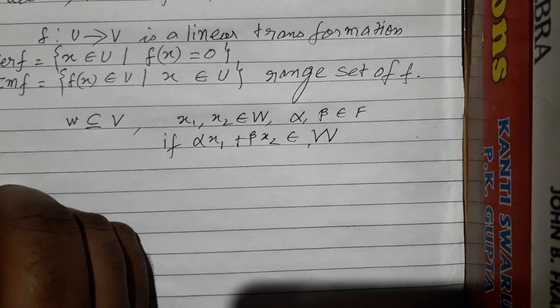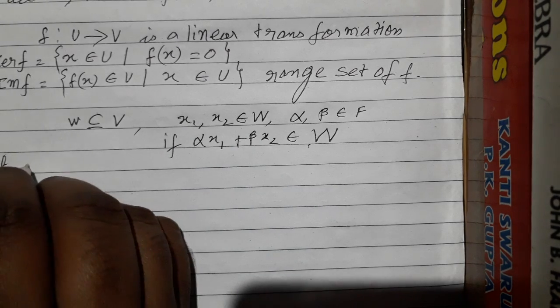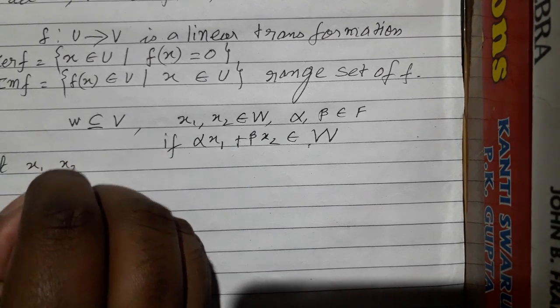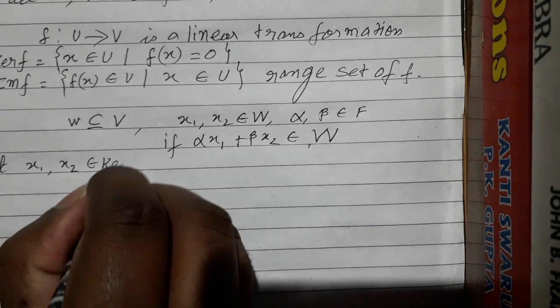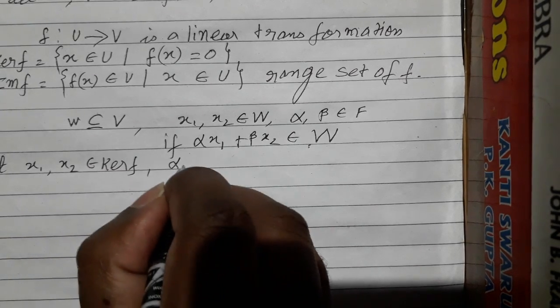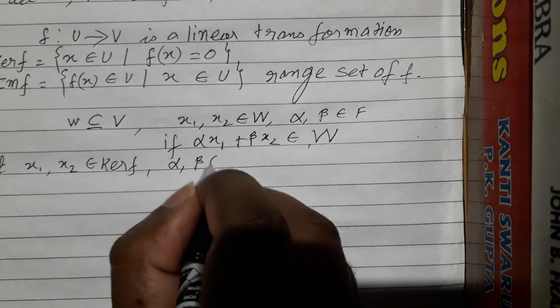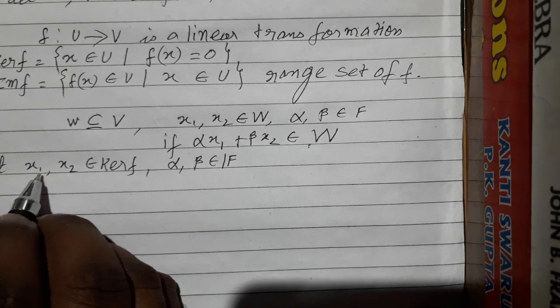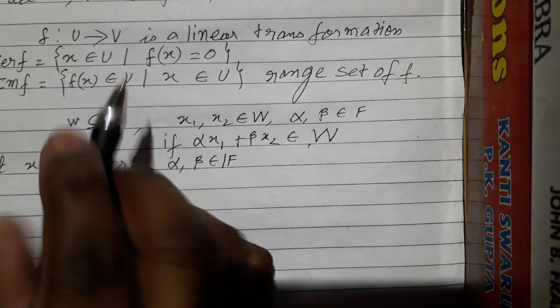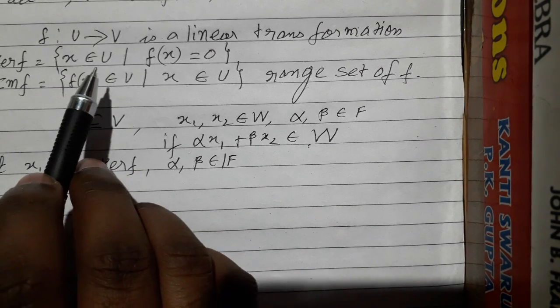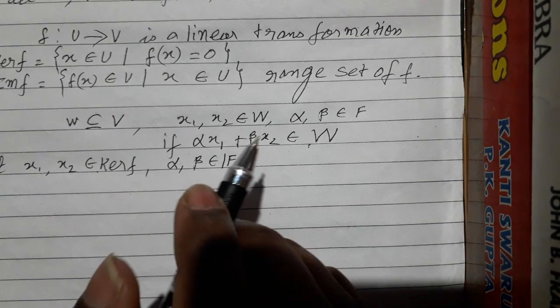So I take two elements x1 and x2 from the kernel of F, and two scalars alpha and beta from the field. What is the kernel of F? It is a collection of elements from U which are sent to 0.